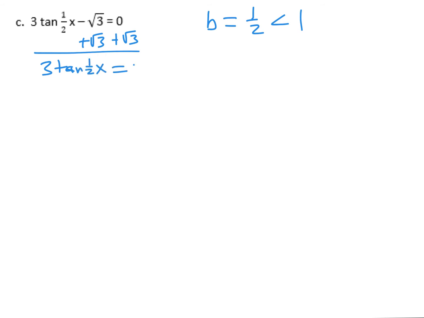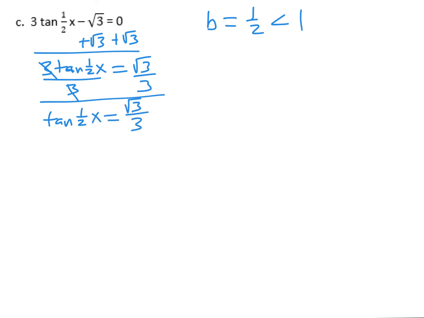All right, 3 tangent of 1/2 x equals square root 3. All I'm doing is isolating my trig function. Tangent of 1/2 x, at this point I would say I've got it isolated, is square root 3 over 3. Once we have our trig term isolated, inverse.